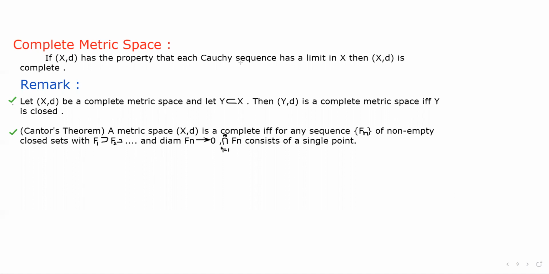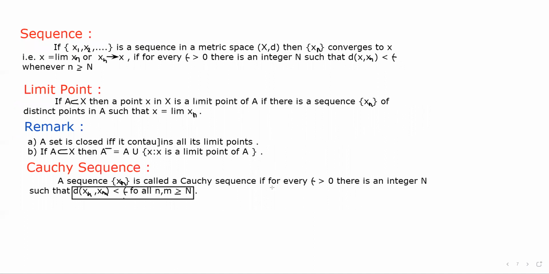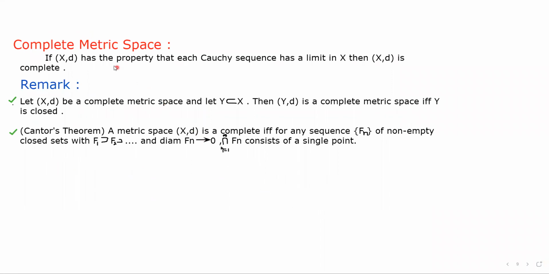So we know what a Cauchy sequence is: a sequence for which, for every epsilon greater than 0, there is an integer N such that d(xn, xm) is less than epsilon for all m, n greater than or equal to N. And a complete metric space is a metric space that has the property that each Cauchy sequence has a limit in X. Then (X, d) is complete.